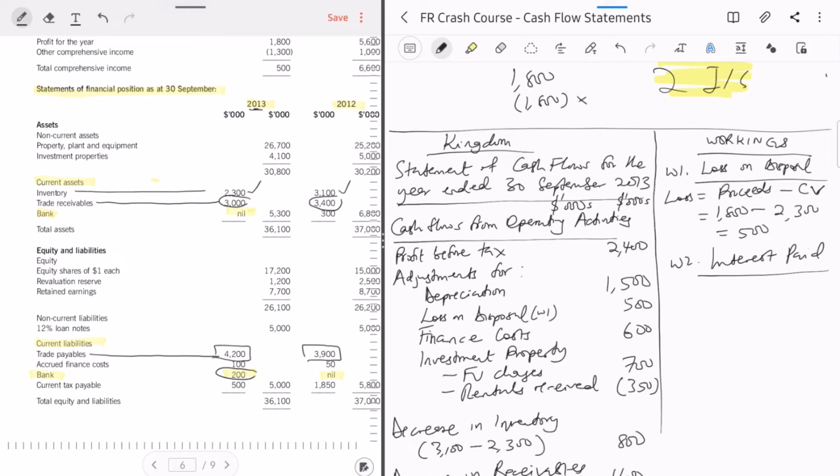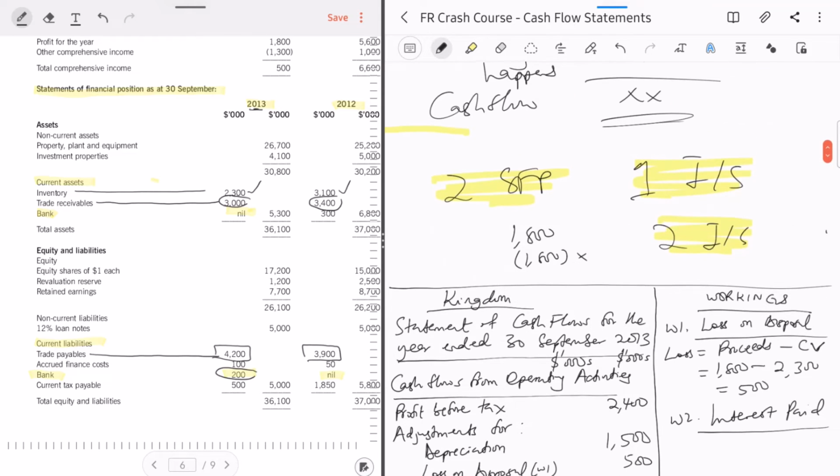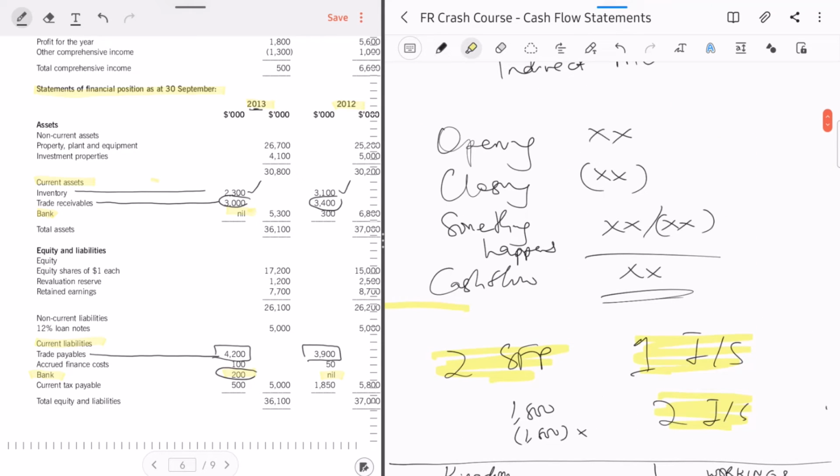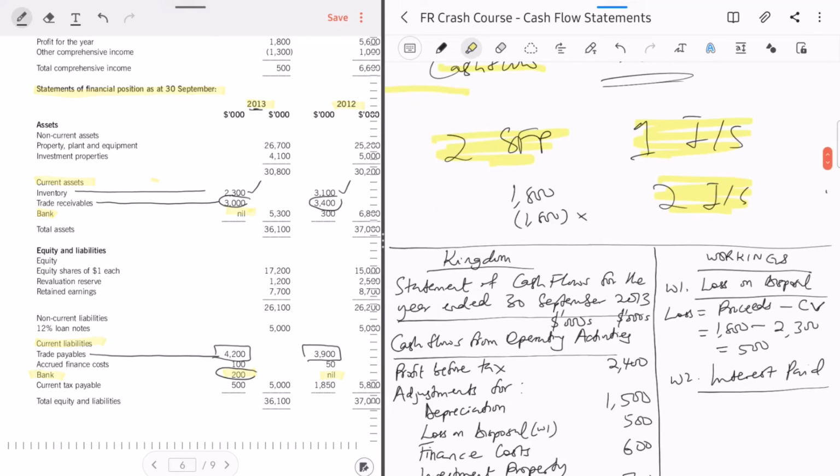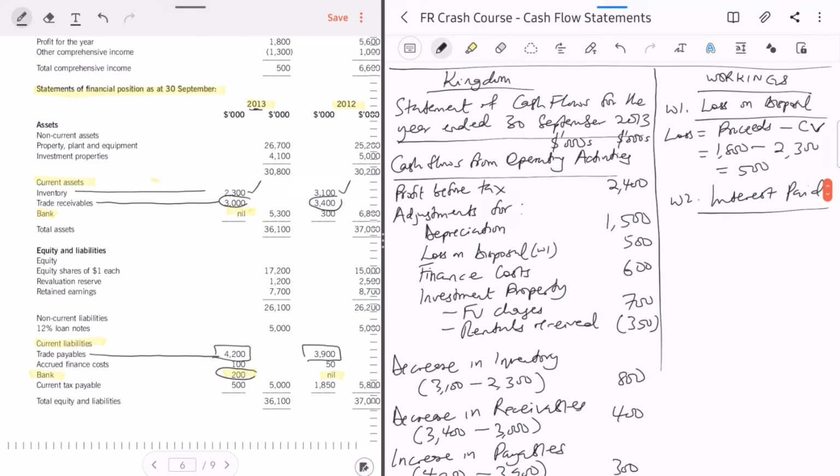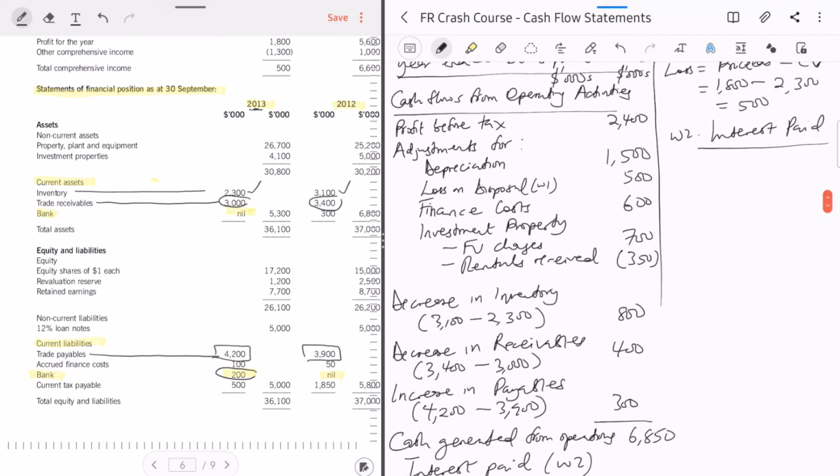So for the interest paid, what do we do? Right? Nothing deep. Remember I told you that in the cash flow, right here, you have your opening figure, you less your closing figure, right? Something happens and then you get your cash flow. So let's do the same thing for this. Interest paid.